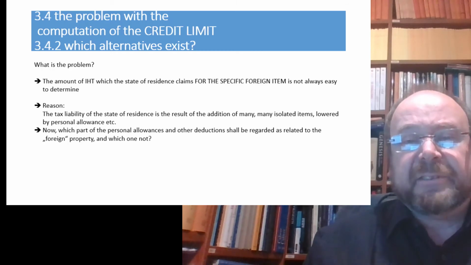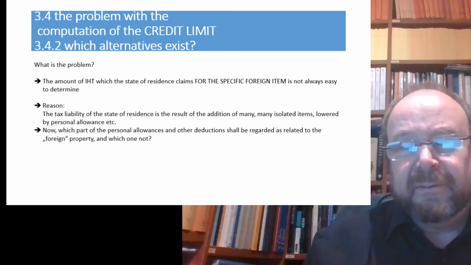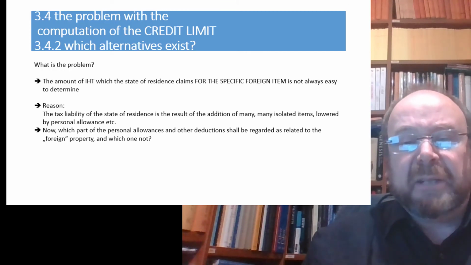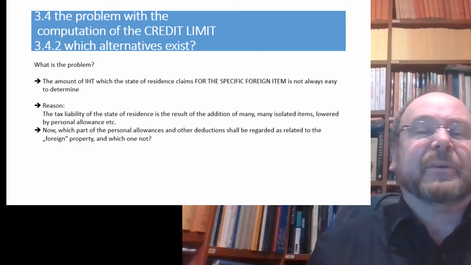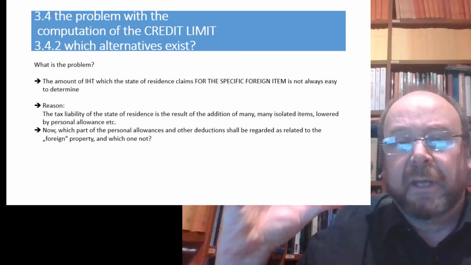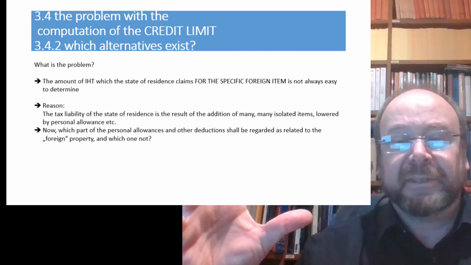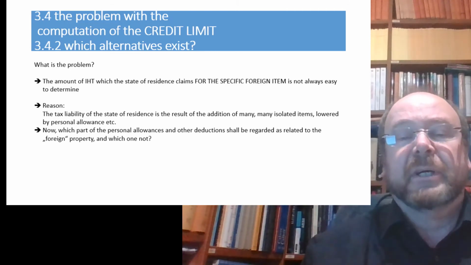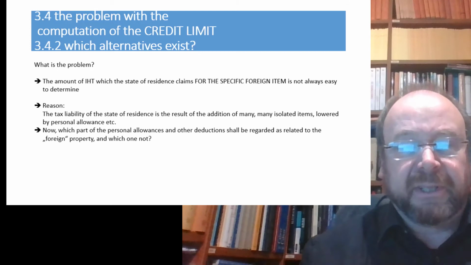Some items have special valuation rules and are valued differently in different states, and there might be personal allowances granted on the overall or on the total of your worldwide property. Then the question is how much of the personal allowance refers to what, and that makes things complicated.